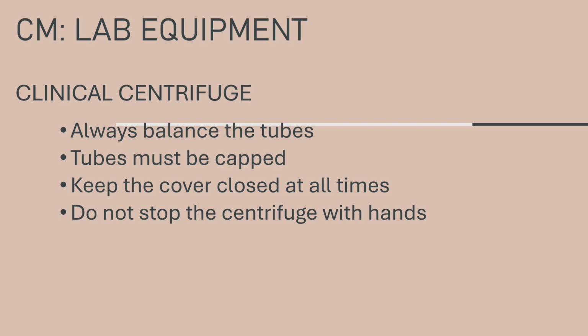Do not stop the centrifuge with your bare hands; let your machine stop by itself. Accordingly, the College of American Pathologists recommends that the revolutions per minute of your centrifuge in the clinical chemistry be checked every 3 months.